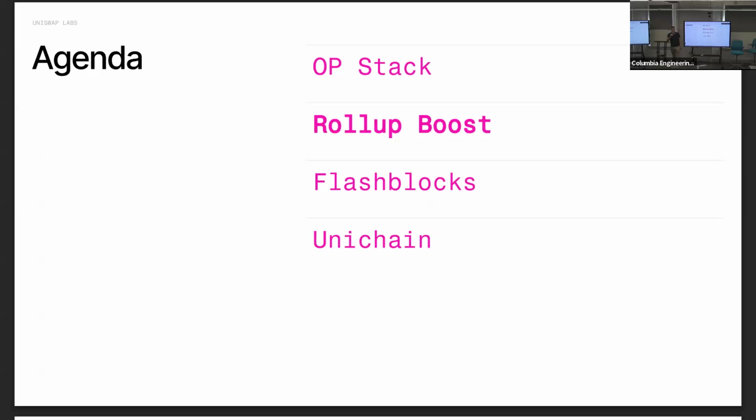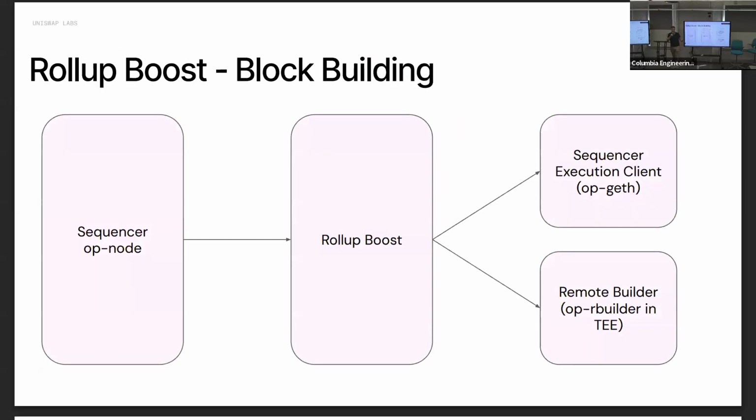Now I'll talk about rollup boost, which is where we do a lot of these TEE building and TEE constraints. Rollup boost stands for a lot of things, but one of them is it's a proxy between our sequencer and our remote builder, which for Unichain is OP Rbuilder running in a trusted execution environment.